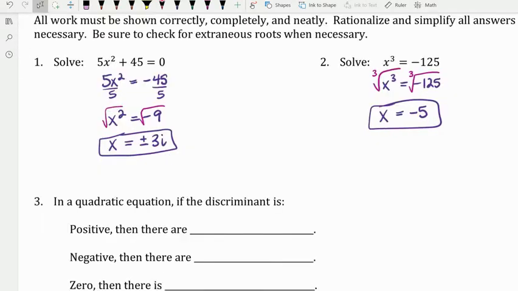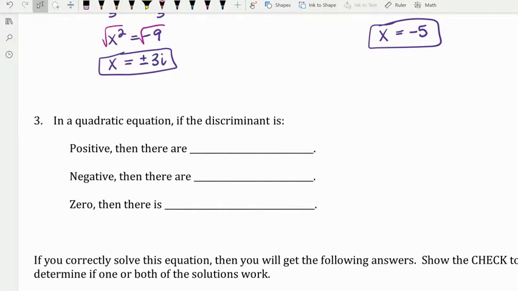Okay, this next part, remembering what the discriminant is. Remember, the discriminant is the part of the quadratic formula that is inside the radical. So your discriminant is the b squared minus 4ac, that part of the quadratic formula. When I plug in my a, b, and c there, if I get a positive number, that means there's a positive inside the radical.